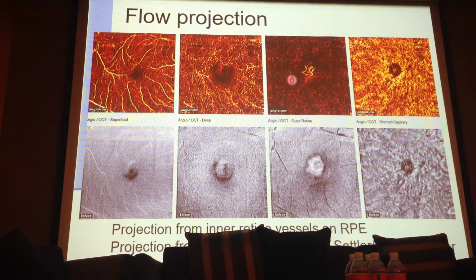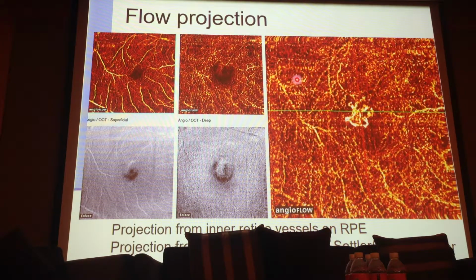But this information comes from AngioView with artifact removed. What if the artifact is still there? The image looks like this. That's the raw image, raw data.